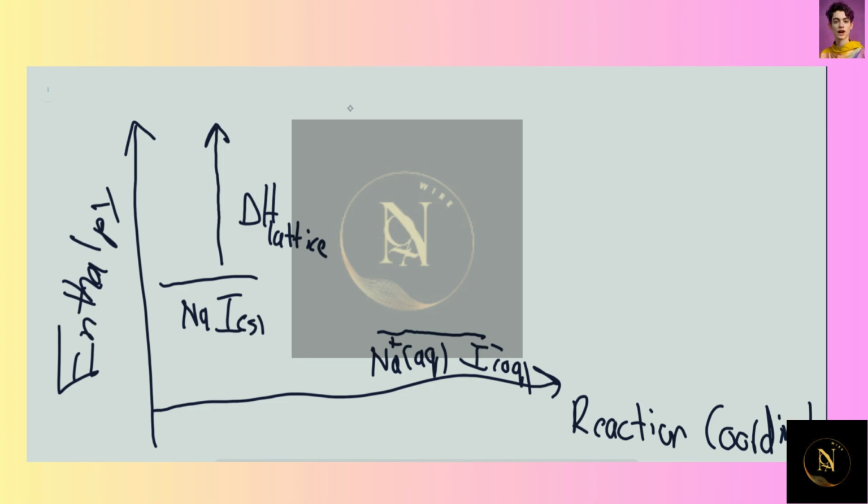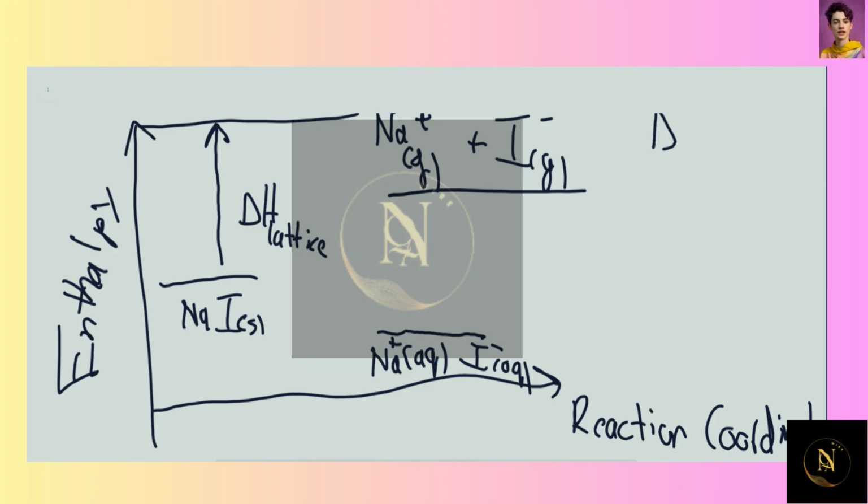It requires energy. In general, the definition of the lattice enthalpy is that I break the lattice in its natural state at room temperature, which is in this case solid, into its ionic gaseous state, right? And this is positive.